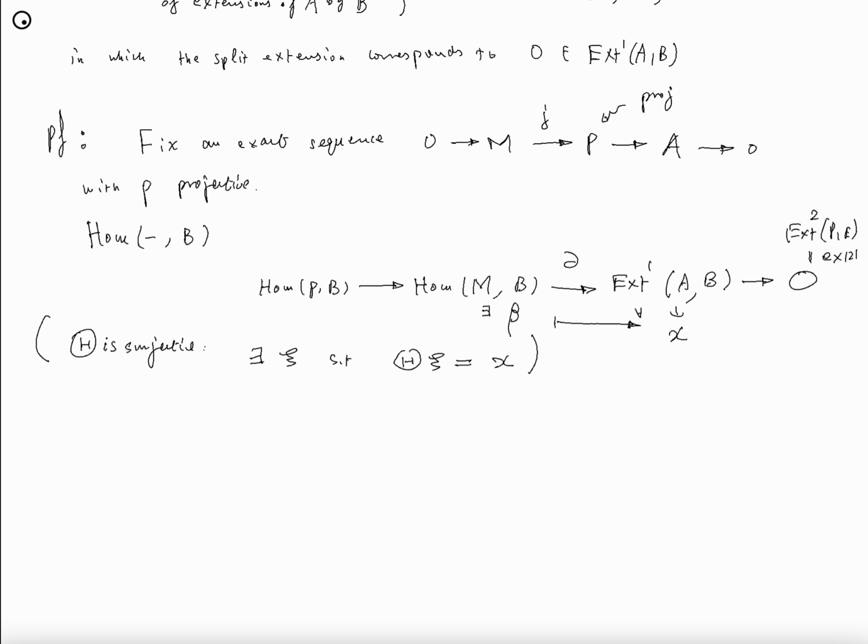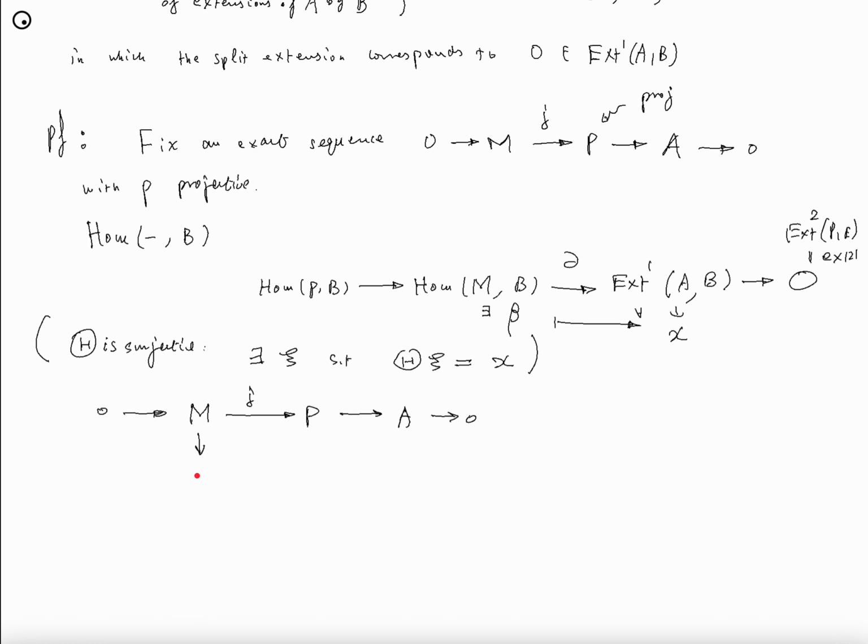This beta is a map from N to B, and I'm going to construct the extension such that, applying the delta functor to get the long exact sequence, the partial of identity of A with respect to that short exact sequence is exactly this x.